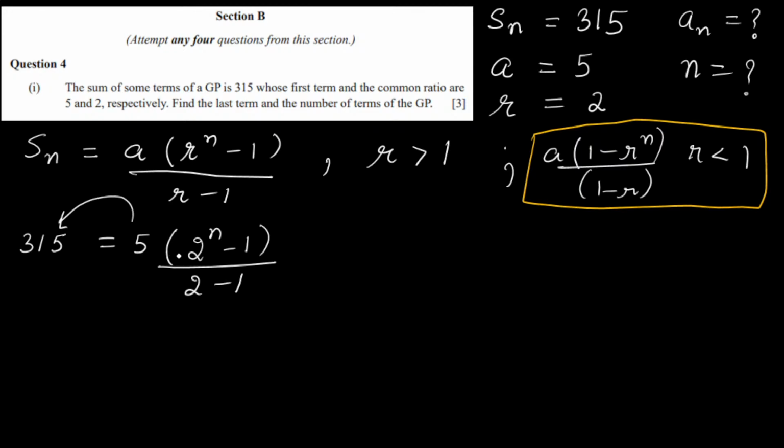When we shift 5 to the other side, it will get divided, as here it's getting multiplied. So 315 divided by 5 equals 2 to the power n minus 1. Because 2 minus 1 is 1, there is no need of writing it. So if I do this cancellation, this is 63.